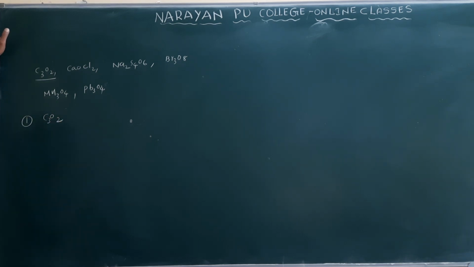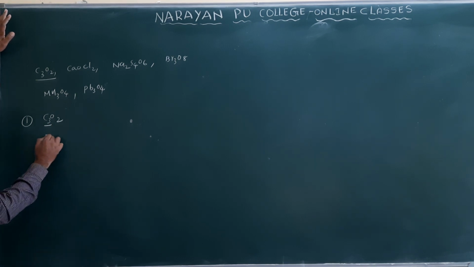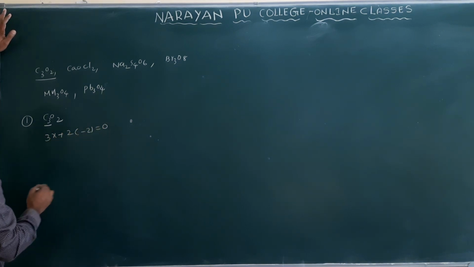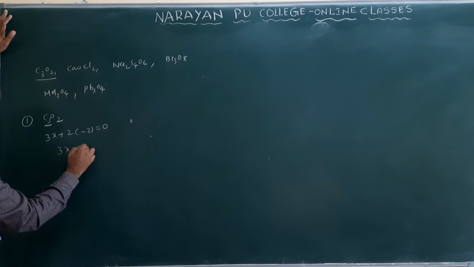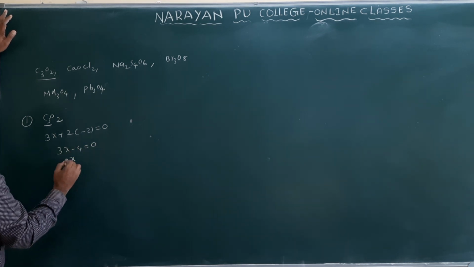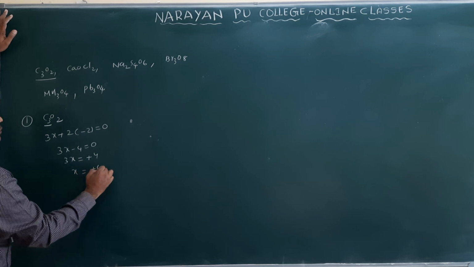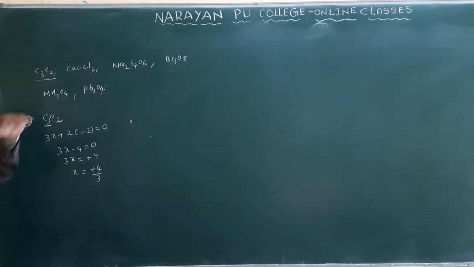To find the oxidation number of carbon here, you can follow the general method. 3x plus 2 into minus 2 is equal to 0. 3x minus 4 is equal to 0. 3x equal to plus 4, x equal to plus 4 by 3.